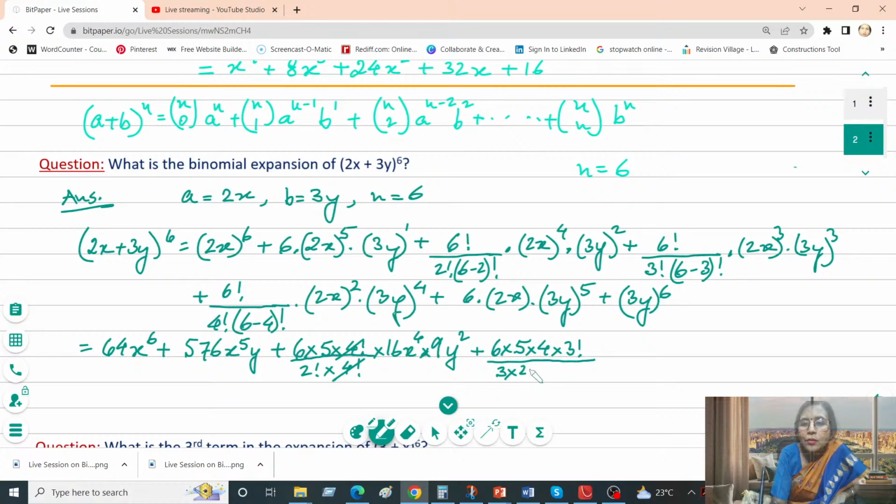So it is 3 times 2 times 1, and this one is 3 factorial. Okay. 2 to the power of 3 is 8, x to the power of 3. And 3 to the power of 3 is 27.